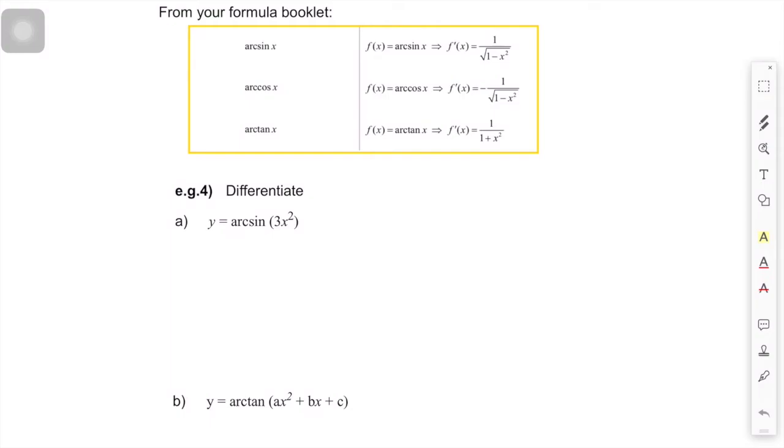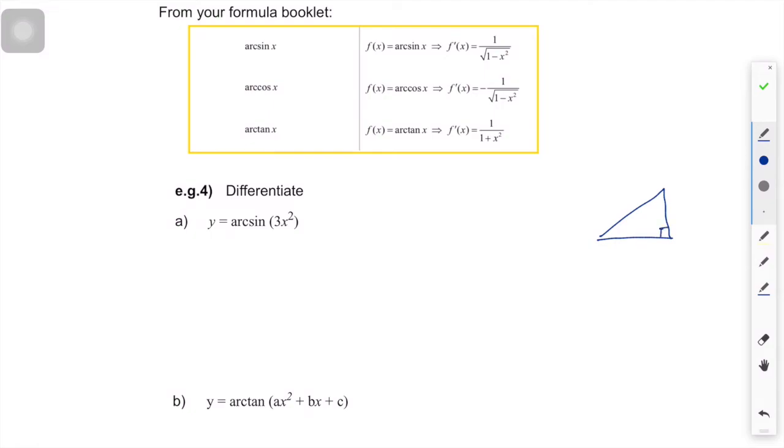Let's differentiate y equals the arcsine of 3x squared. The general form is pretty clear here. It's an arcsine, so we'll be making use of the first function. However, it's not clear how that 1 minus x squared will change if now I'm taking the arcsine of 3x squared. One quick way to look at that is to construct your right triangle.